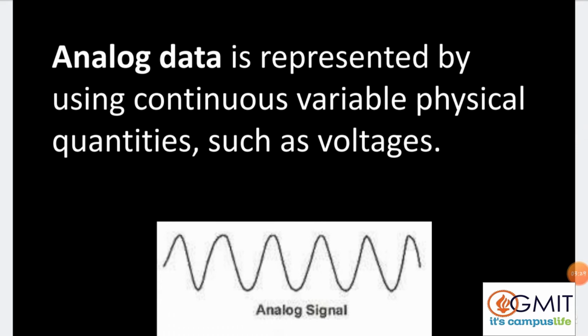Analog data is represented using a continuous variable physical quantity such as voltage. Voltage is an analog signal, and an analog signal looks like this. We also saw this in my previous class.